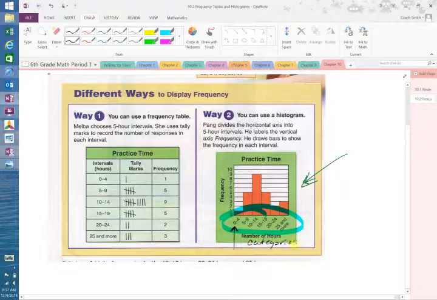And they've told us what our category is. It's the number of hours that they practiced. So that's another thing that's different than a bar graph. The last thing that's different is on the vertical axis, the frequencies.